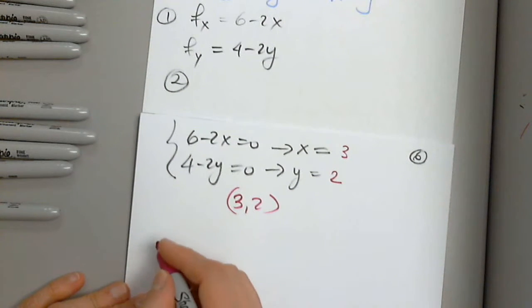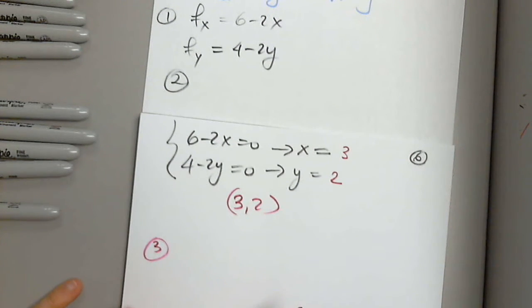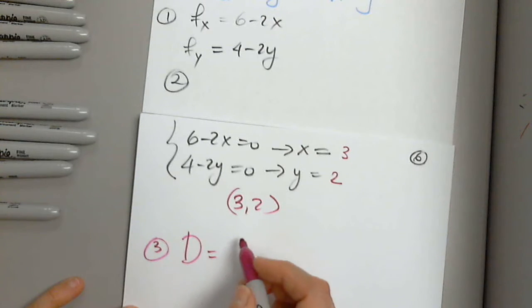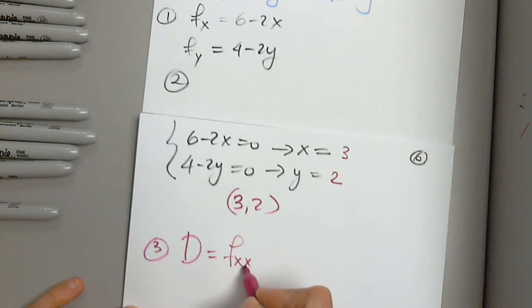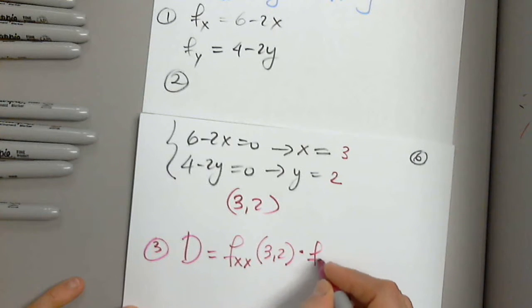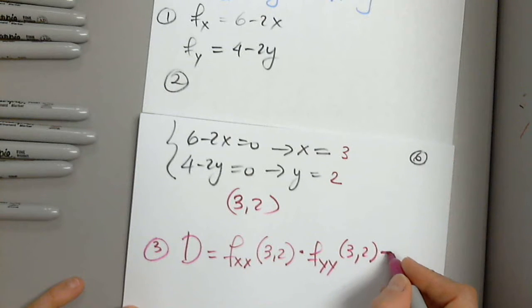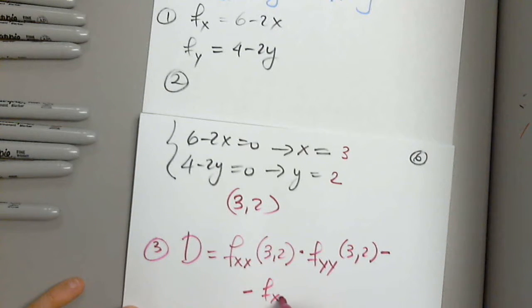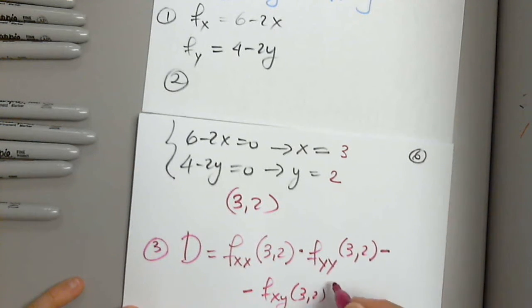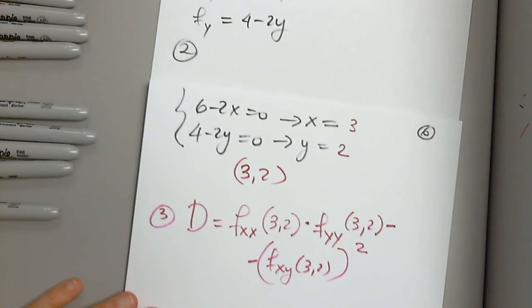In step 3, remember the D test. It's fxx at 3 comma 2 times fyy at 3 comma 2 minus fxy at 3 comma 2 squared. So I'm not there yet.